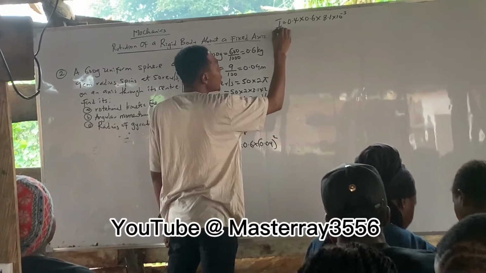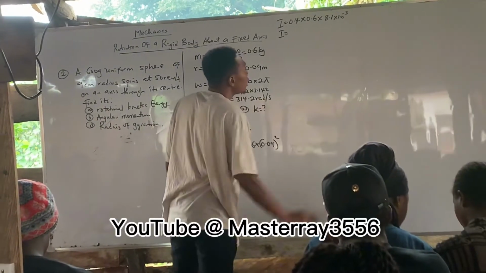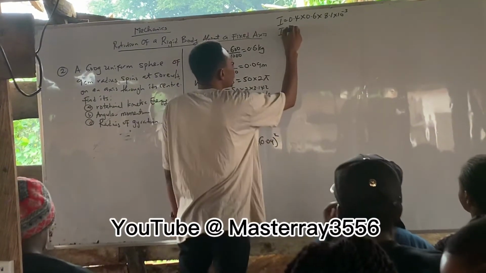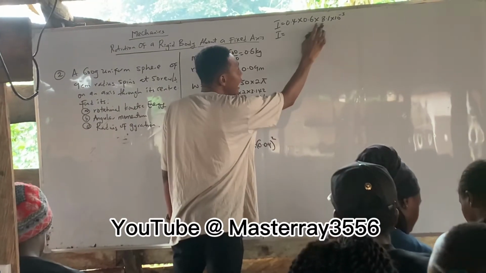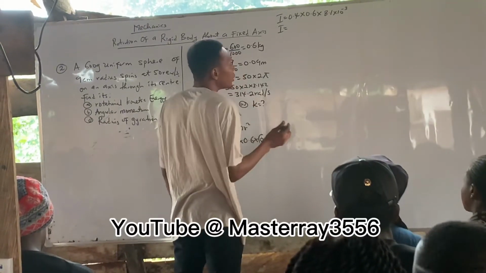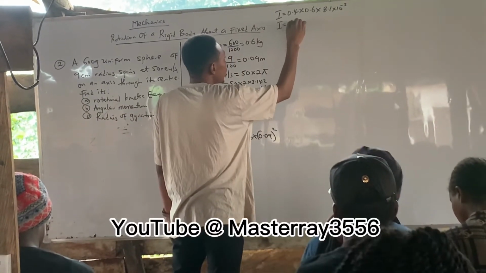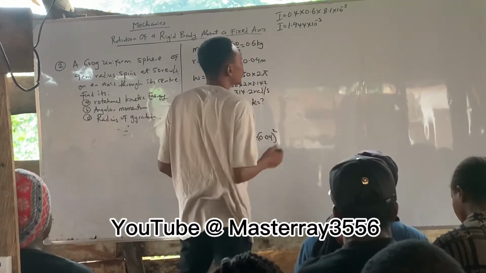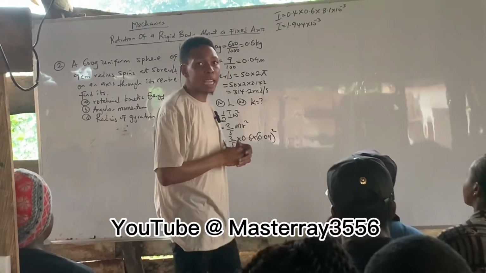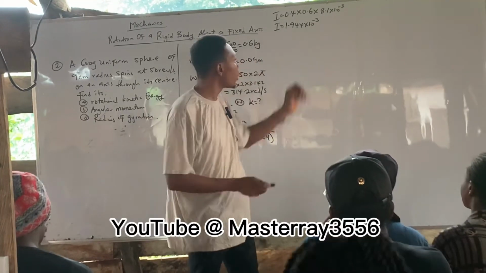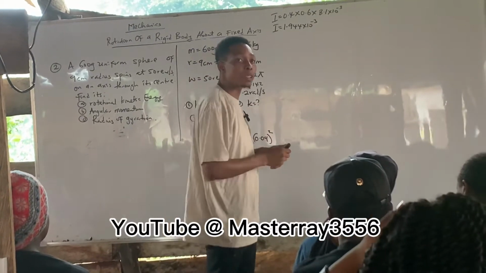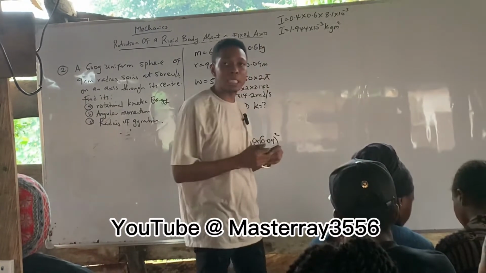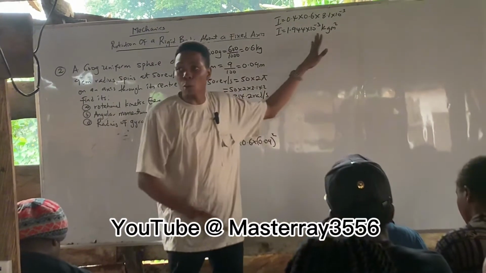So our I will be equal to 0.4 times 0.6 times 8.1 times 10 to the power minus 3, which is 1.944 times 10 to the power minus 3. What is the SI unit for moment of inertia? Kilogram meter squared.